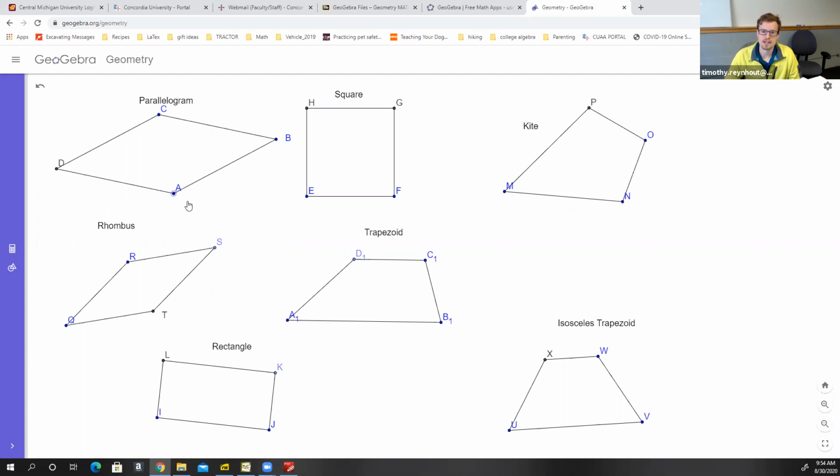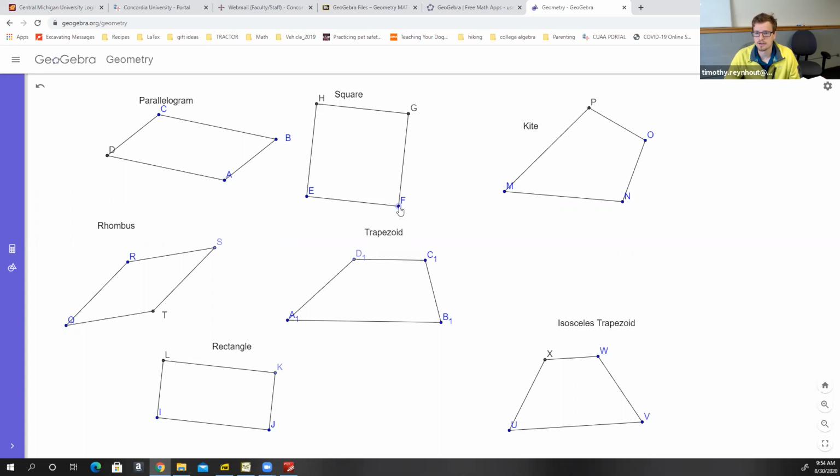Well, it looks like I'm not necessarily talking about a parallelogram because I don't have that they're perpendicular. I do have that a square, if I were to draw the diagonals, they would be perpendicular. Kite, if I drew the line from P to N and O to M, I would have perpendicular bisectors.